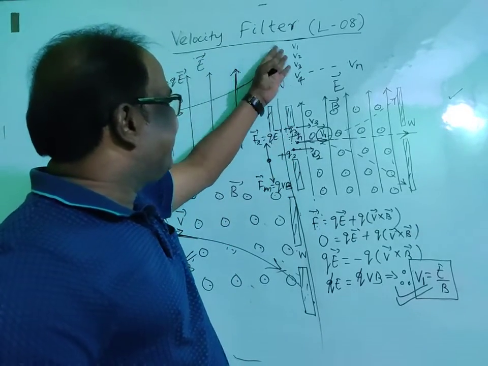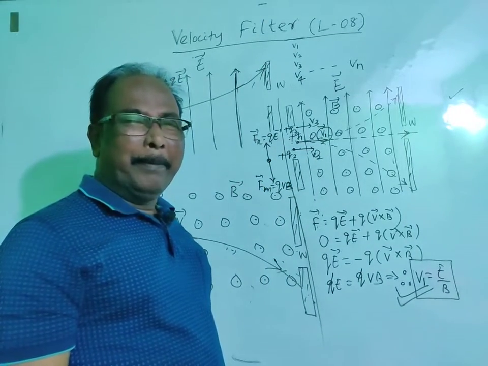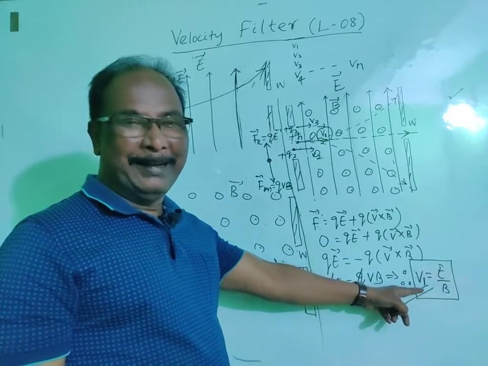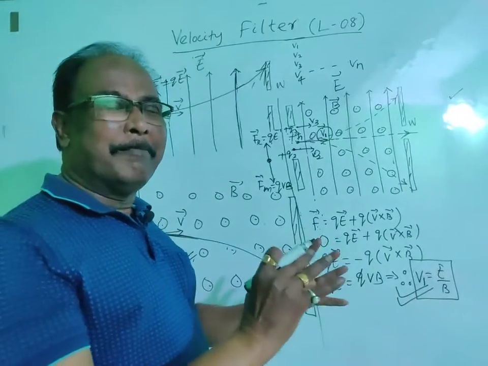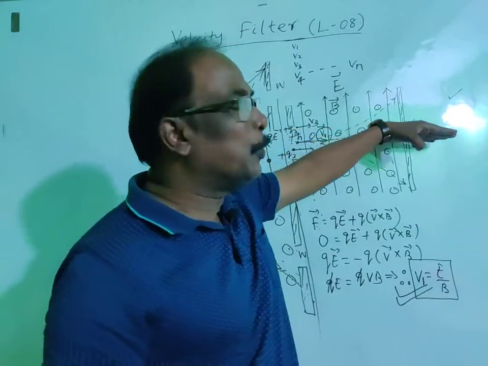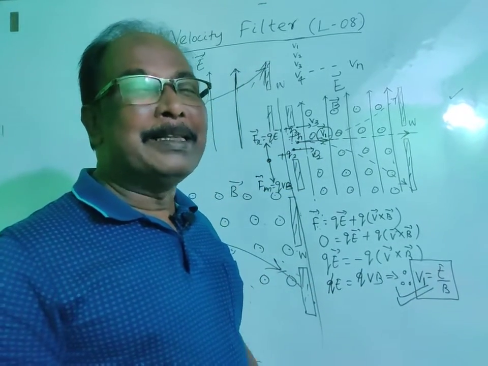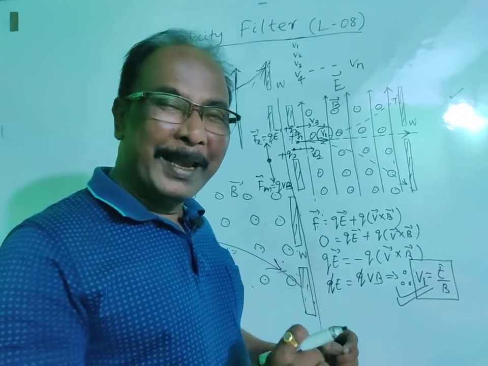Thus the velocity filter allows those charges only if this condition is satisfied. So from a number of charged particles, those particles will pass through the window which have velocity equal to the ratio of the magnitude of electric field to magnetic field.